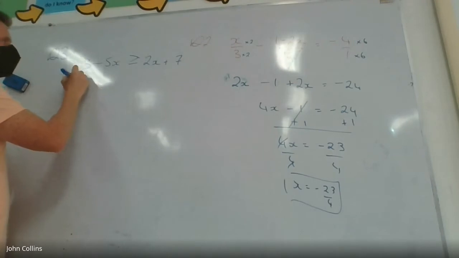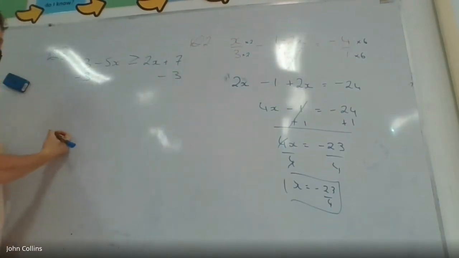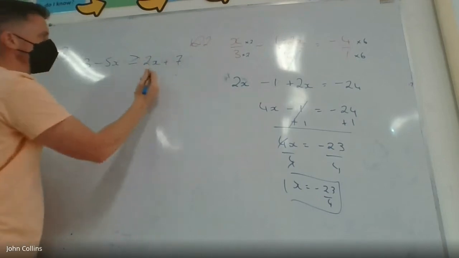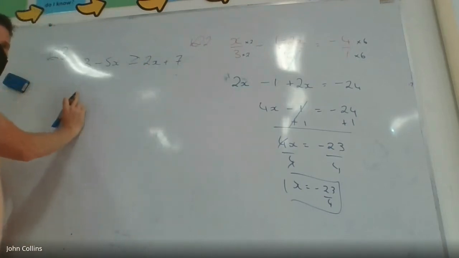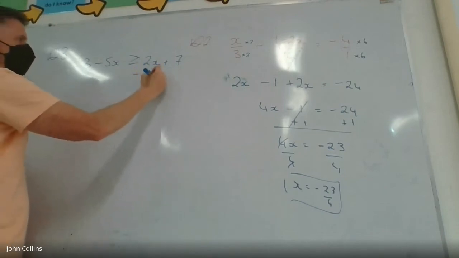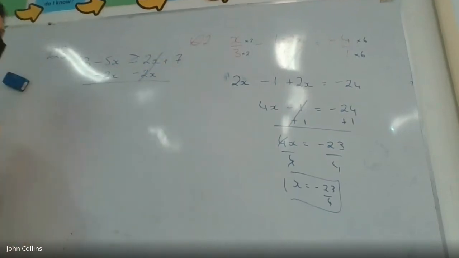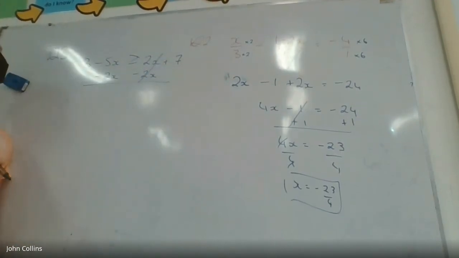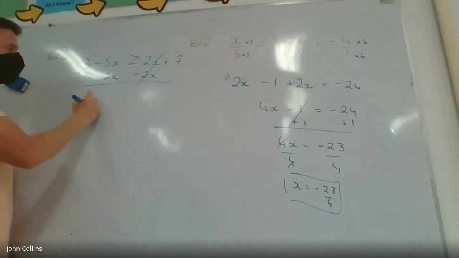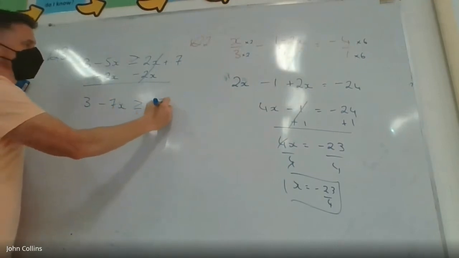So subtracting 3 from both sides could be a start, or you could subtract 2x from both sides. You could do either. I'm going to actually do the 2x first. So I don't have x's on both sides. So that's 3 minus 7x is greater than or equal to positive 7.